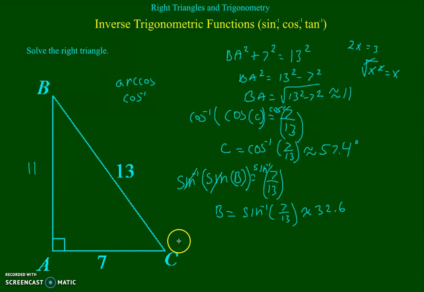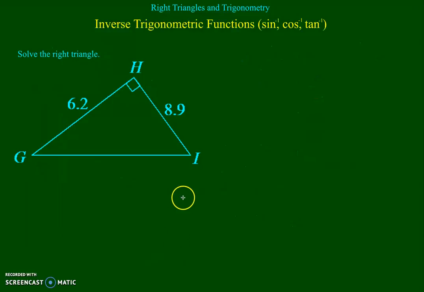So let's go ahead and work out another example. In this example, we have a similar situation, different triangle and uglier numbers, but the same basic principle. We're looking to solve for a side length, and then we're going to find these two angle measures, angle G and angle I. So again, I'm going to solve for the side first, using the Pythagorean theorem.